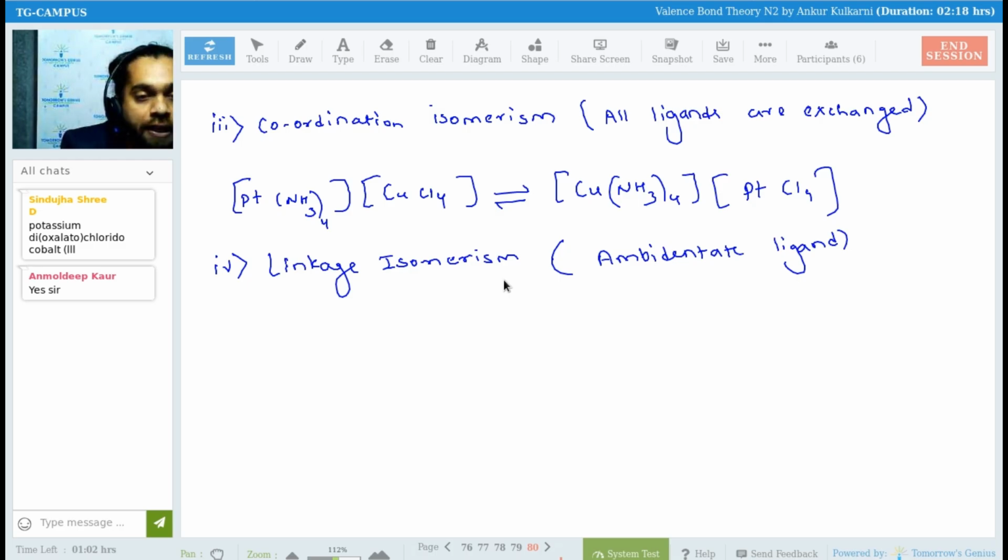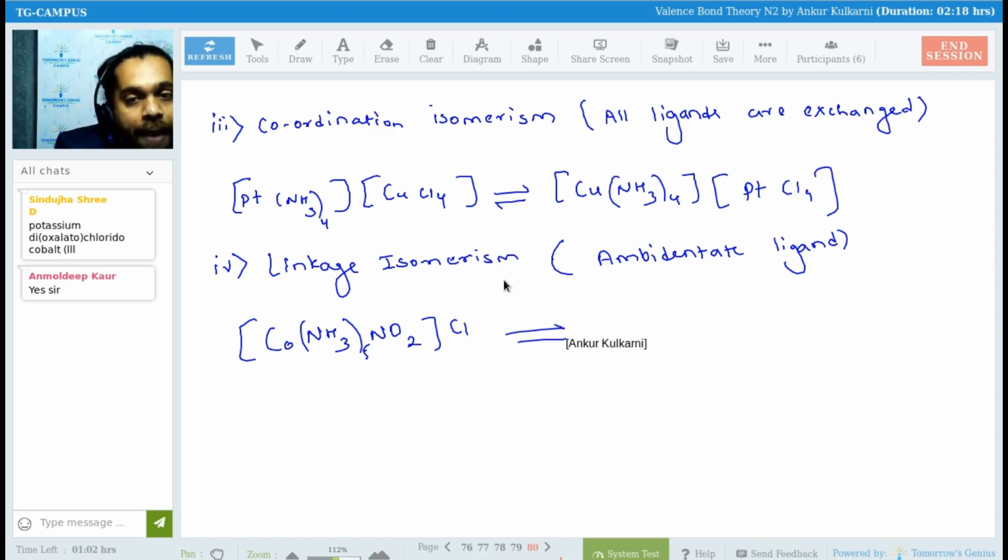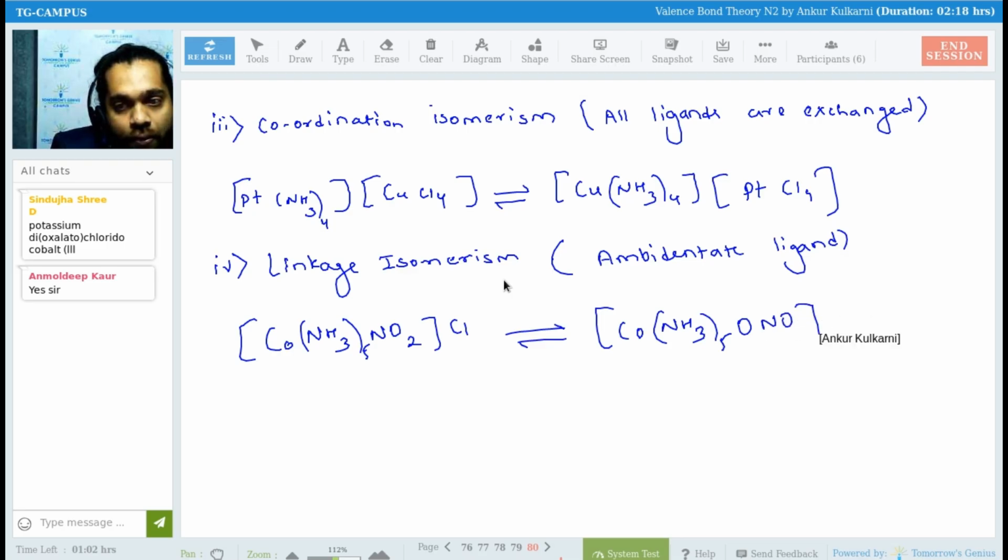For example, look over here, everyone. I have cobalt NH3 NO2 Cl. So my ambidentate ligand NO2 will have different attachment in the linkage isomer. So I will have cobalt NH3 ONO Cl. Are you getting it, everyone?